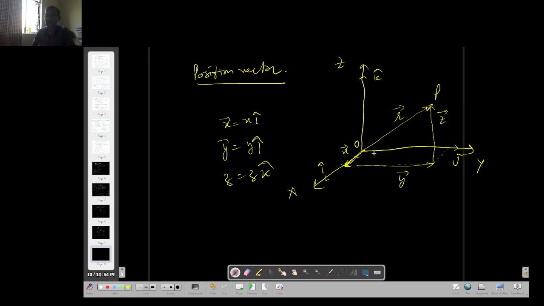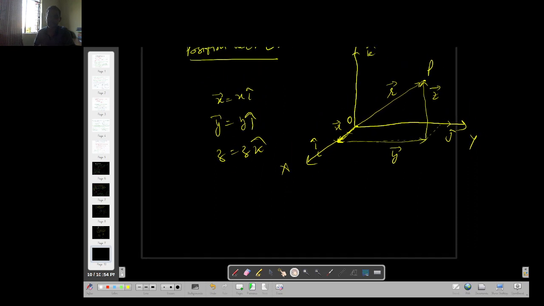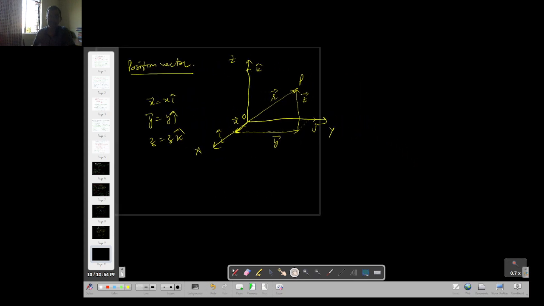Now if we look at this diagram, it's a very beautiful diagram. To arrive at this point, I moved x distance along the x-axis, then a y distance along the y-axis. Say this is rho.